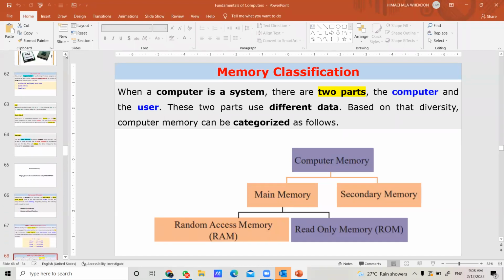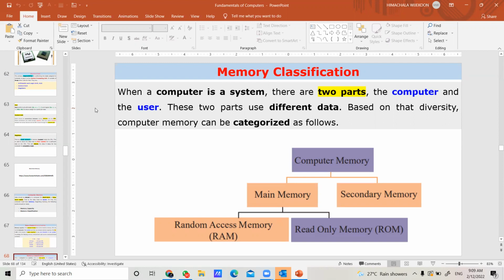We are discussing memory, right? We need memory to store data and information. If we consider the memory, there are mainly 2 types of memories.